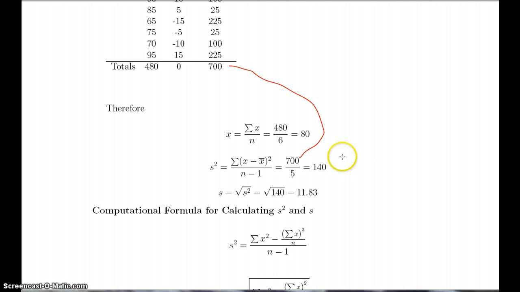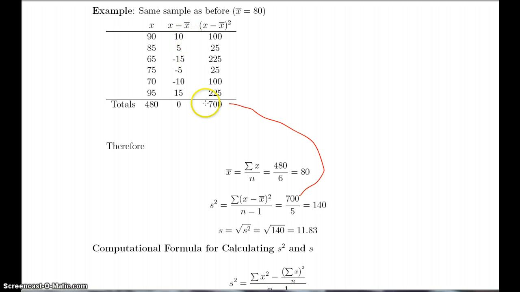Now, quite often you get a mean which is, say, 80.235, and this calculation would be very difficult, because now 90 minus 80.235 is going to be 9 point whatever and so on. It's going to be complicated, and it will in general cause round-off error.